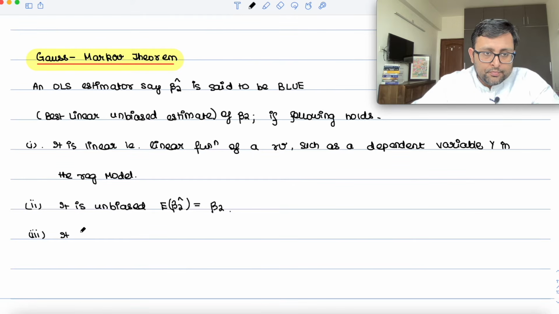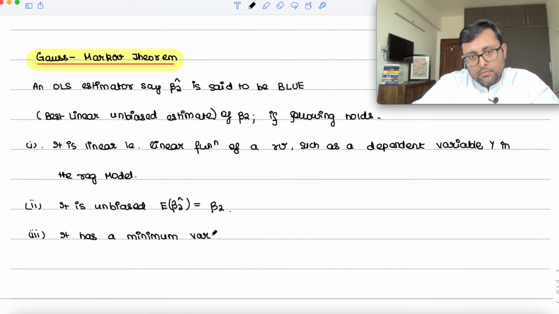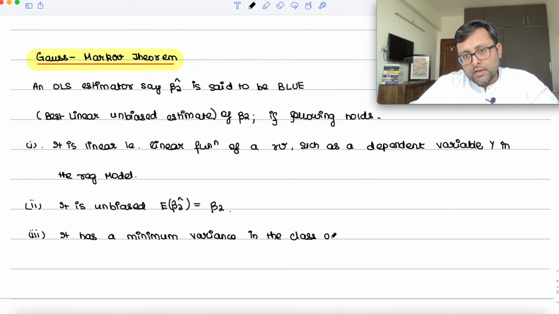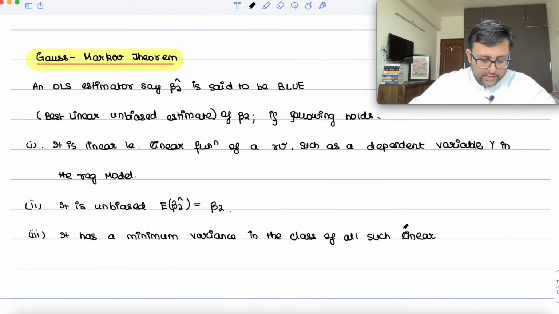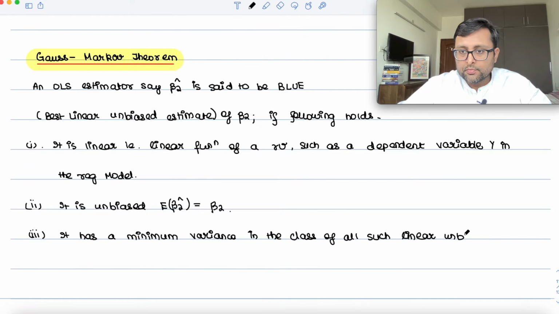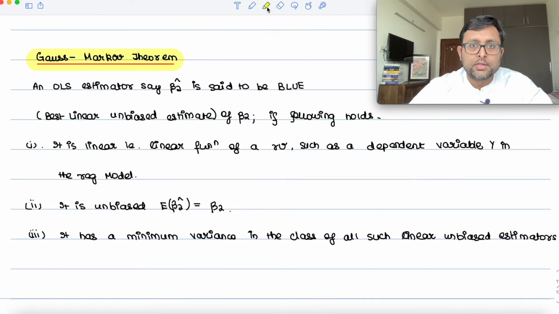It has a minimum variance in the class of all such linear unbiased estimators. So these are the three main points.